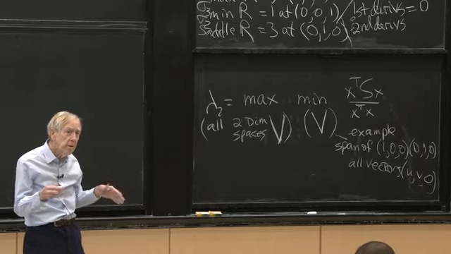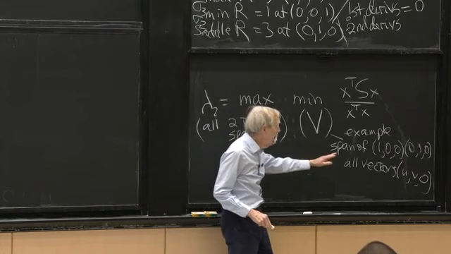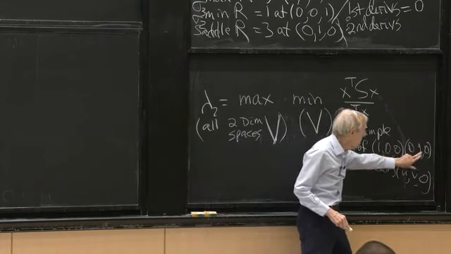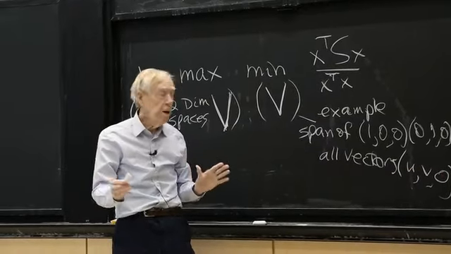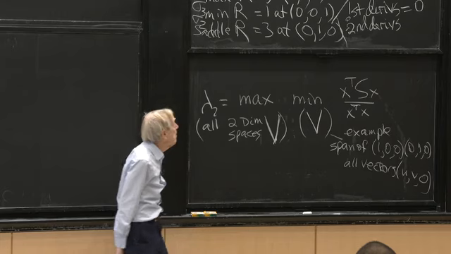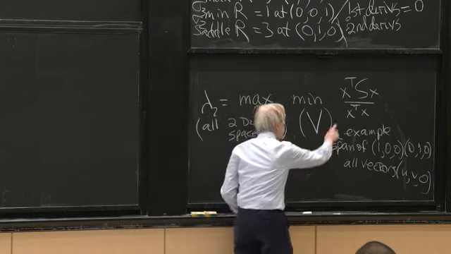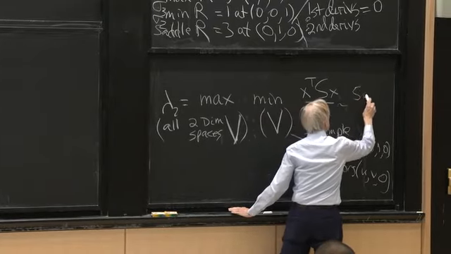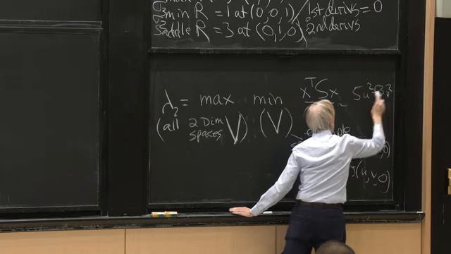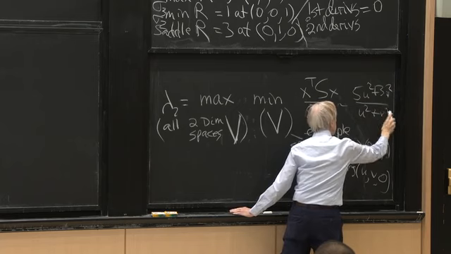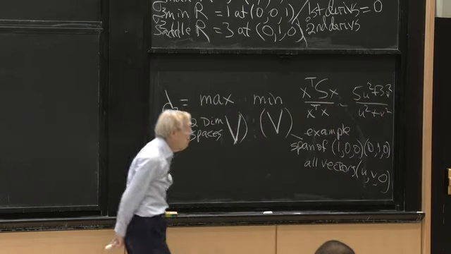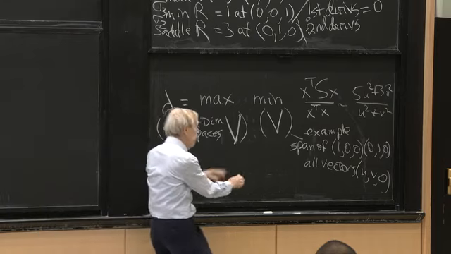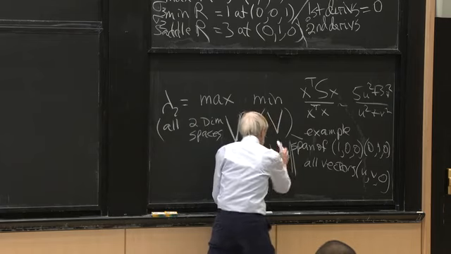So now I'm taking a minimum. I don't have to think about saddle points. I'm looking at the thing, but w is 0 now. Everybody sees that I've squeezed it down to 2D. So w is 0. So what is the minimum now? This thing would become, for this space, 5u squared plus 3v squared over u squared plus v squared, but the w is 0. So what's the minimum of that? 3. Okay. The minimum is 3 for this particular space. Let me call it V special.